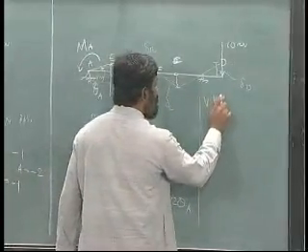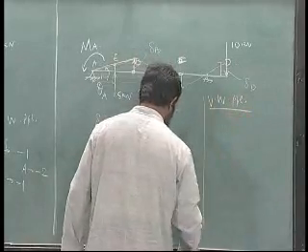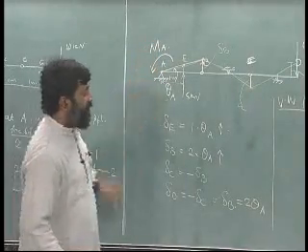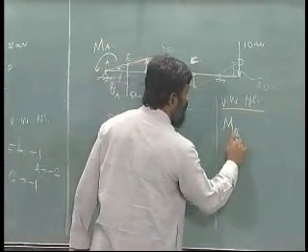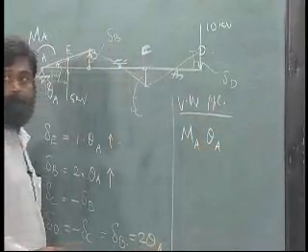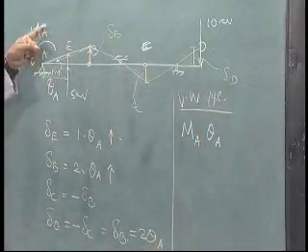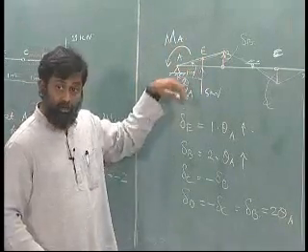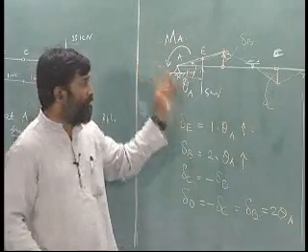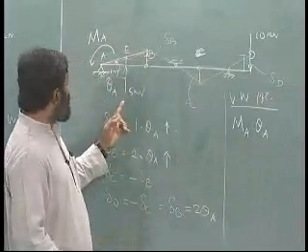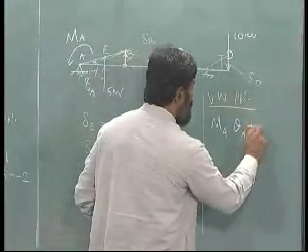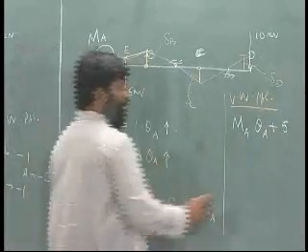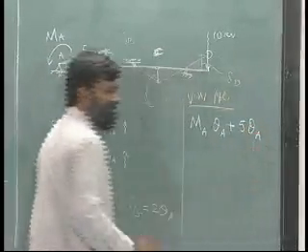So, the virtual work principle now is MA times theta A. Remember, the direction of MA is counterclockwise, theta is also the rotation in counterclockwise direction. So, this is a positive quantity, plus 5 kilonewtons times delta E, which is theta A times 1.